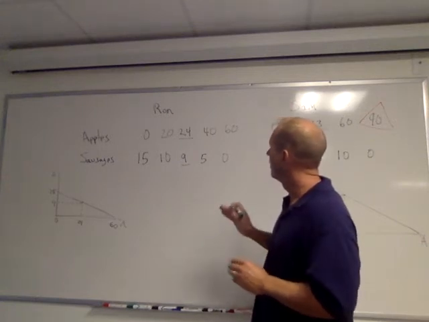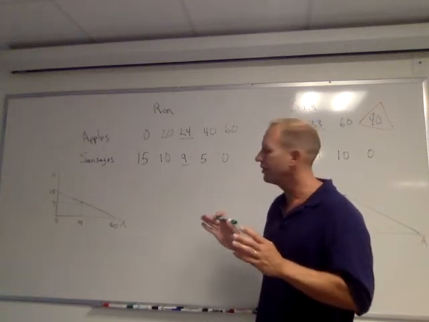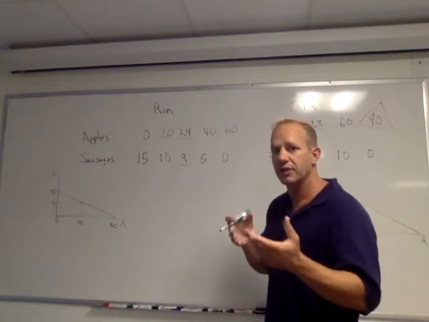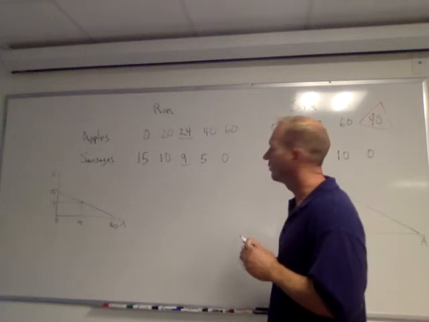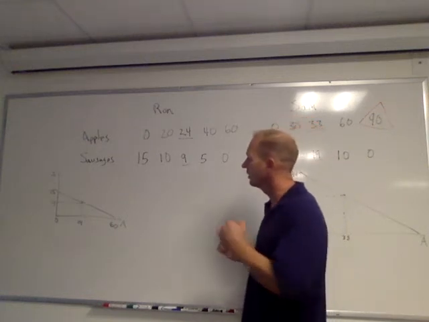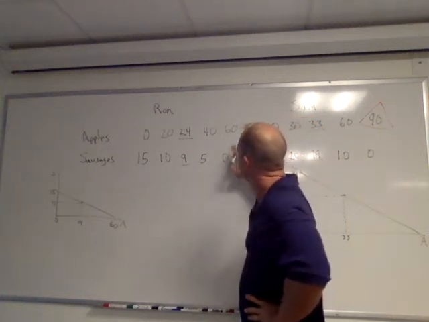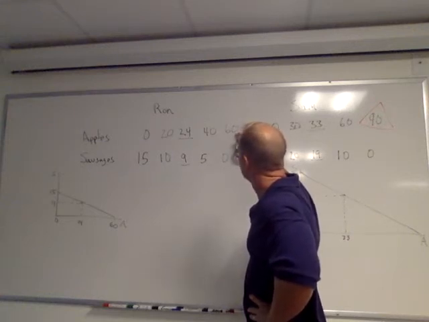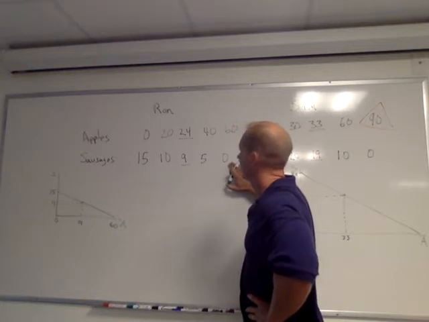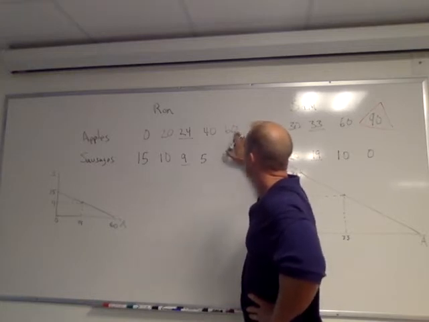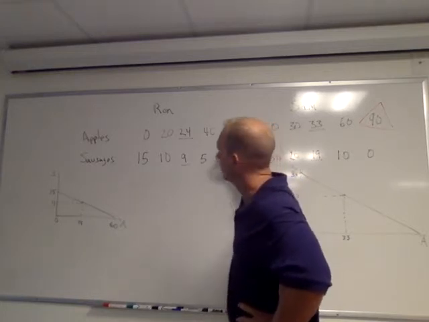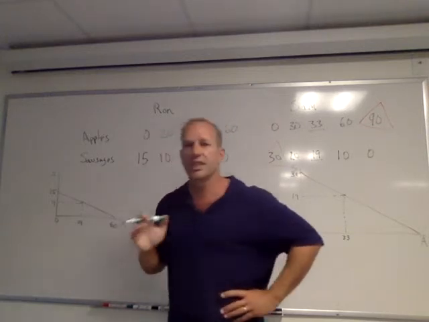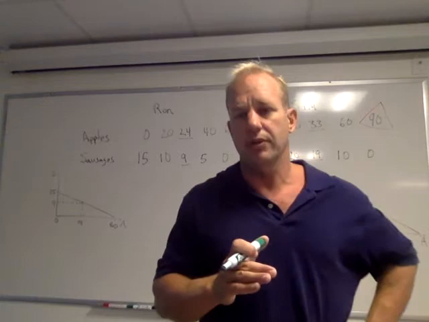So there are a number of ways to approach this. I usually approach it from the endpoints and sort of just figure it out. But there are different ways, and I'll show you some different ways we can go about this. If Ron could produce 60 apples by producing no sausages, if he gave up all 60 apples to produce 15 sausages, how many apples does he give up for each sausage that he produces?